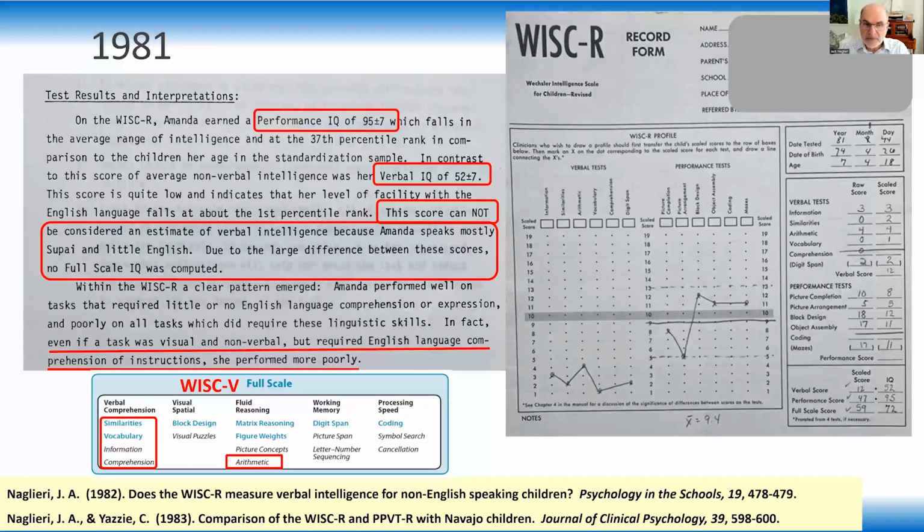And today in the WISC-5, the same subtests are still there many years later. So this prompted me to really think about how we should measure intelligence and how to be able to equitably measure intelligence. And I published my first paper on equity in 1982.